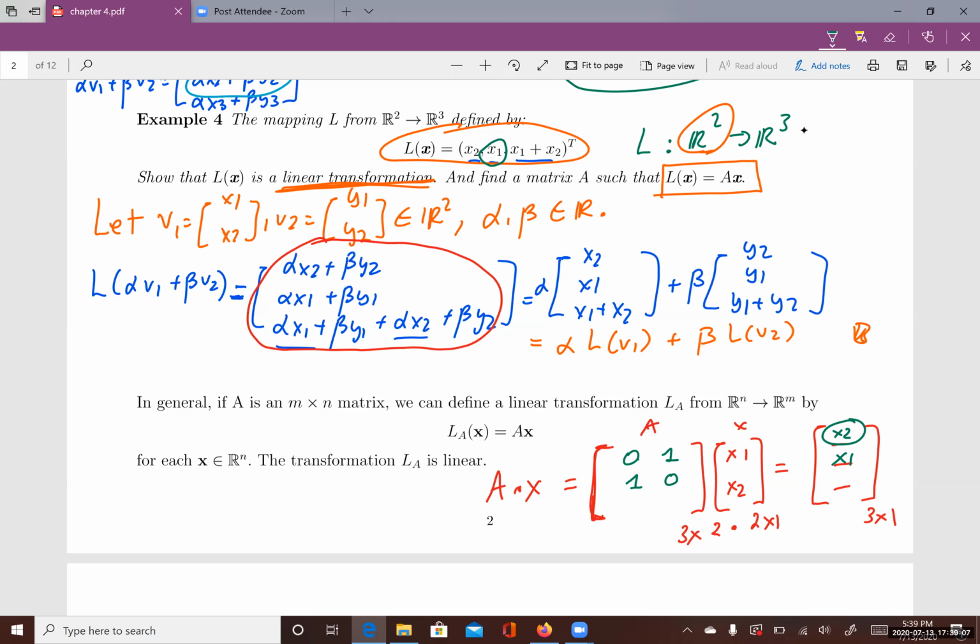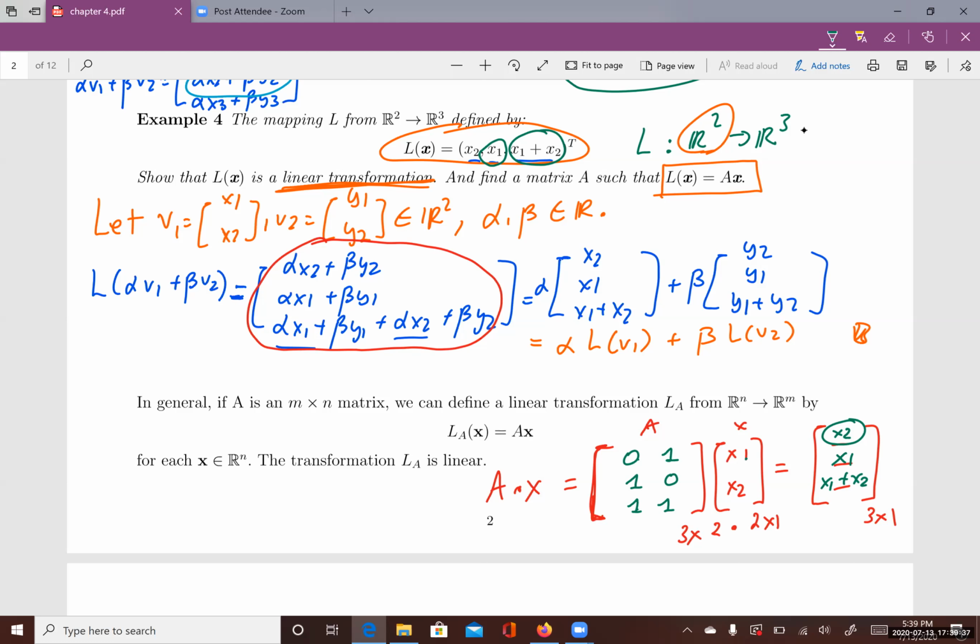All right, so then the third entry of the result is x1 plus x2. Then what should the third row vector of A be, such that when you dot it with x1, x2, you get x1 plus x2? My guess is 1 and 1, because 1 times x1 is x1, plus 1 times x2 is x2.